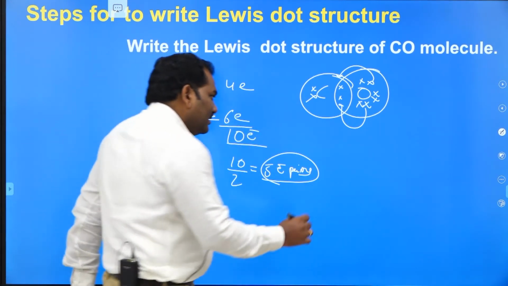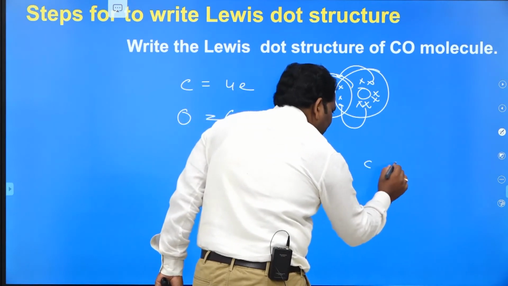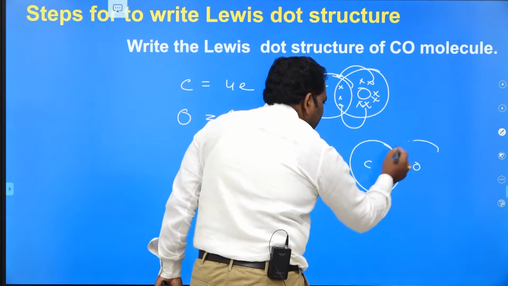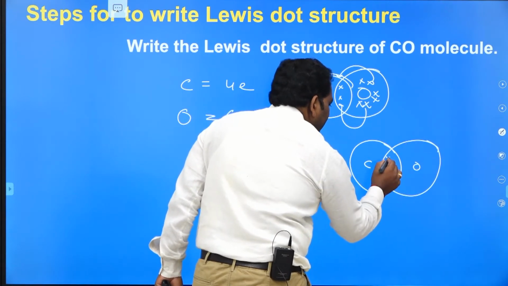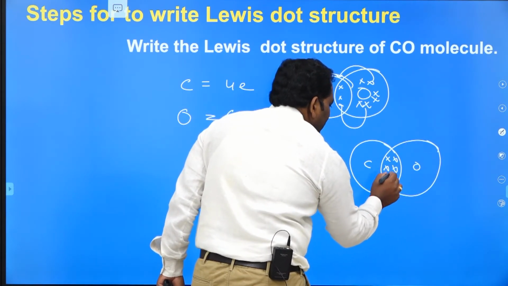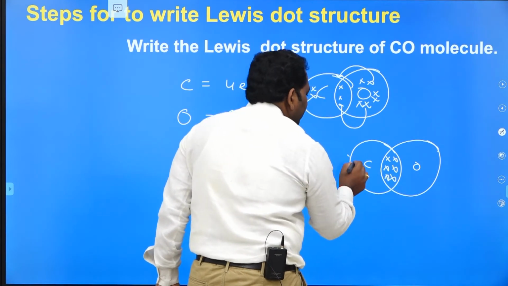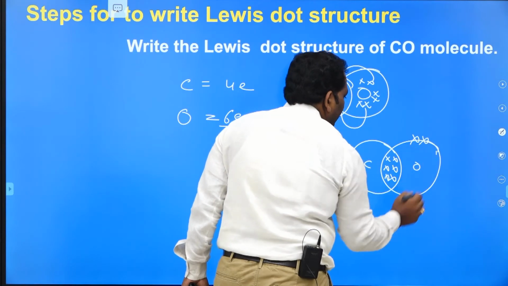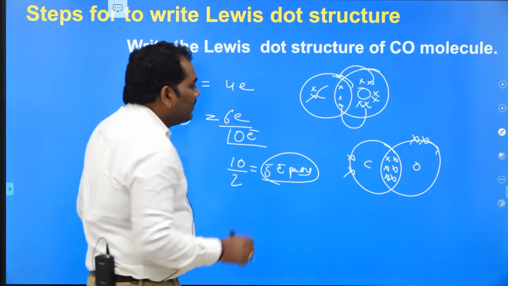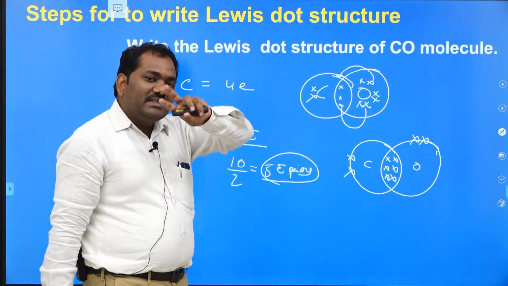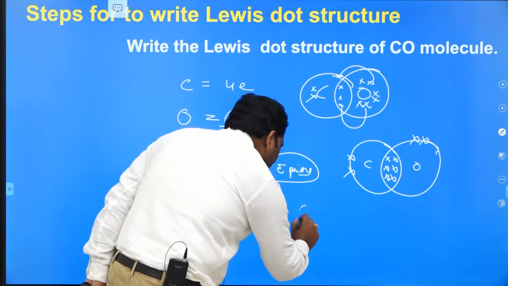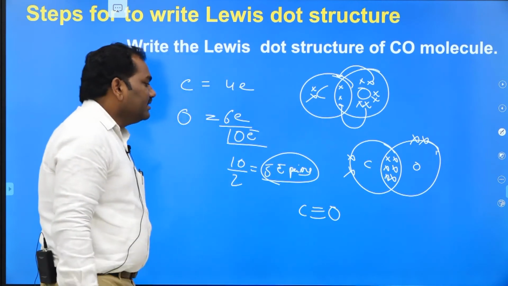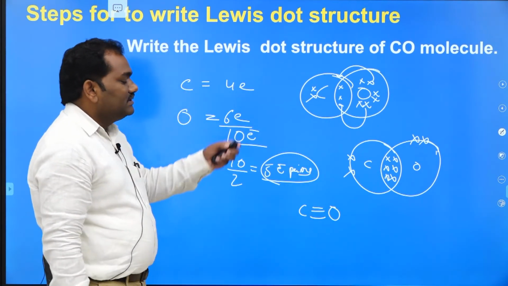It means this carbon and oxygen are mutually sharing 3 electron pairs. It means 3 bonds are present between carbon and oxygen.